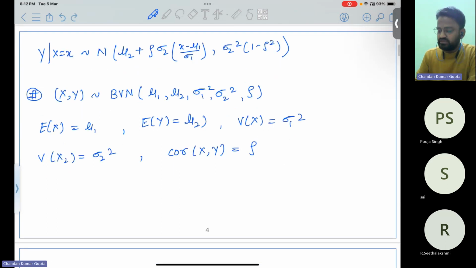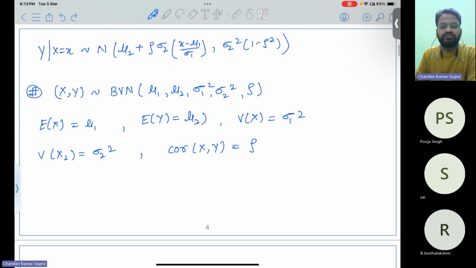Okay, and what is the correlation? Can anyone define correlation? Correlation is defined as the measure of linear association between the variables. Here we are dealing with two variables, x and y, so we want to measure how x and y are linearly associated with each other.